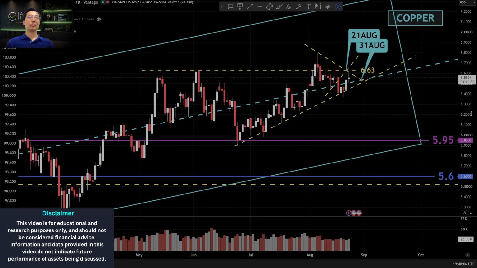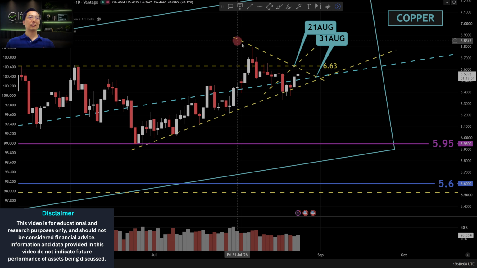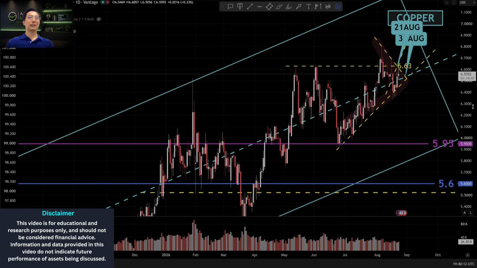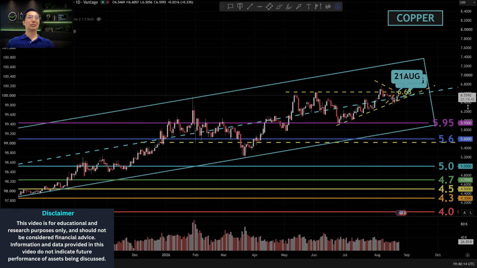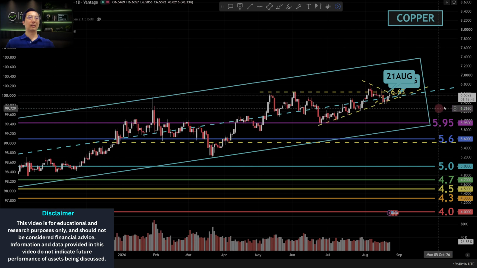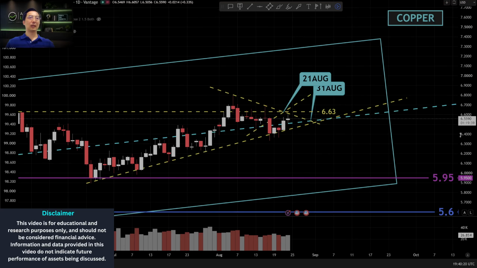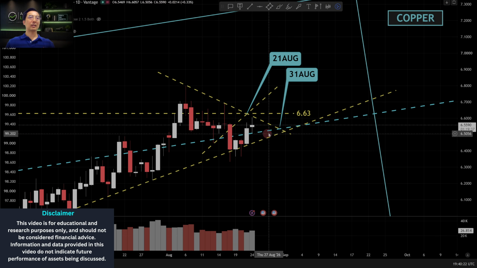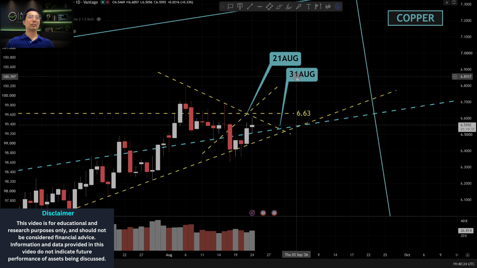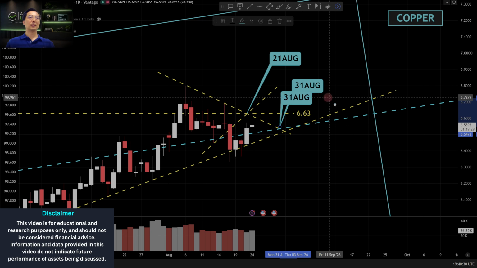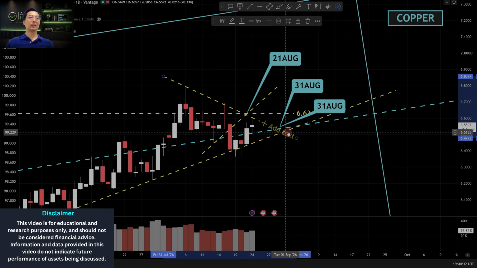So micro view. This is the smaller wedge within the big one that we were seeing just now, okay, in the weekly time frame. And we are getting closer and closer to the tip of that wedge. Last time we said somewhere near August 31st or the 1st of September, there are two dates over here.